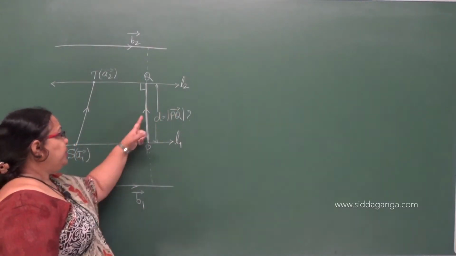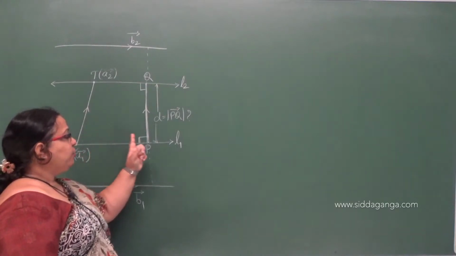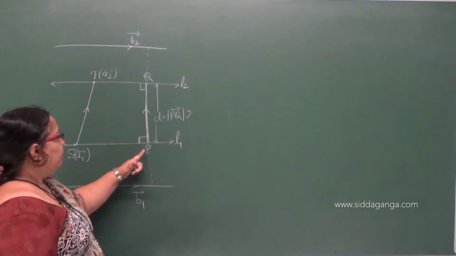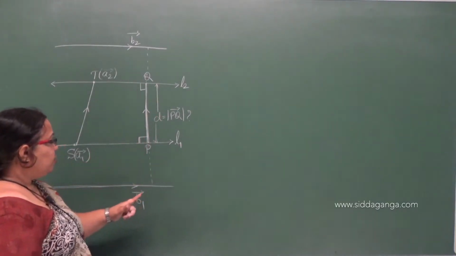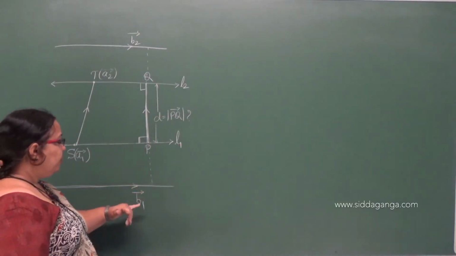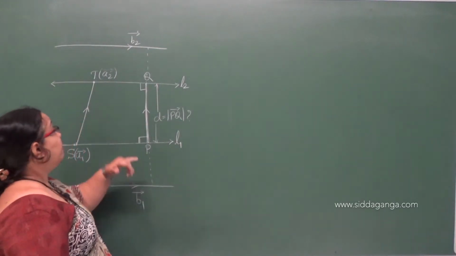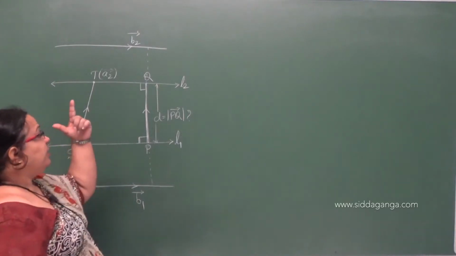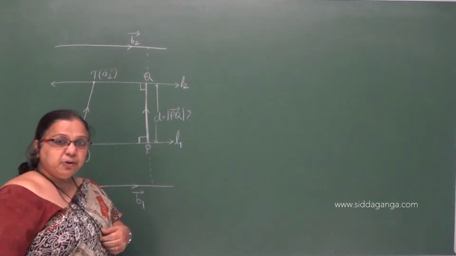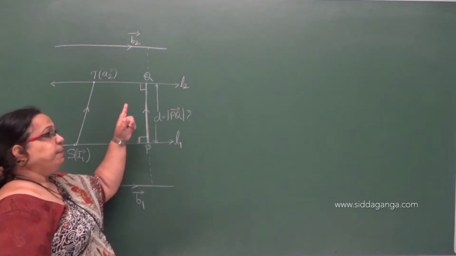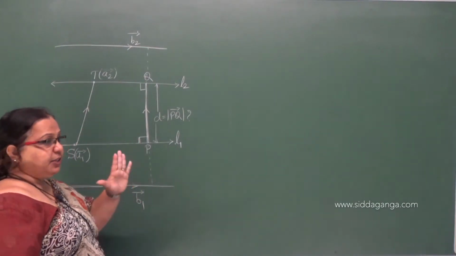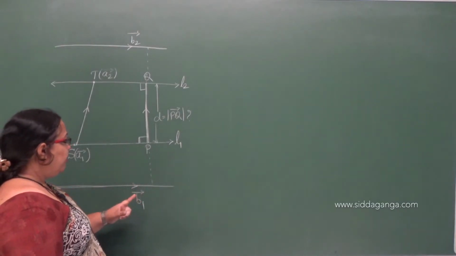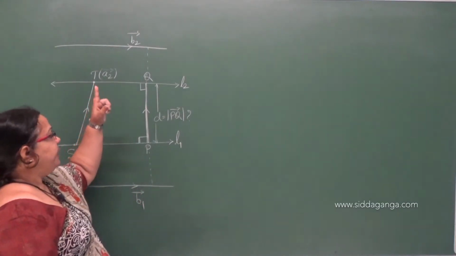Since PQ vector is perpendicular to both L1 and L2, automatically PQ vector is also perpendicular to vector B1 and vector B2. So vector B1 ಮತ್ತೆ vector B2 ಗೆ perpendicular vector ಯಾವುದು? Vector PQ. And it is given by vector PQ, it is equal to B1 cross B2.